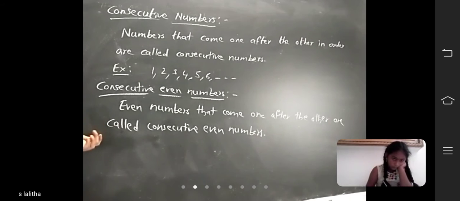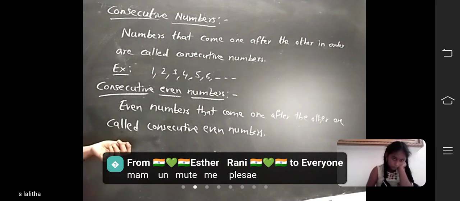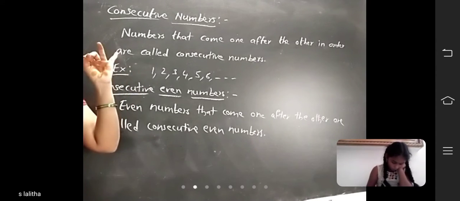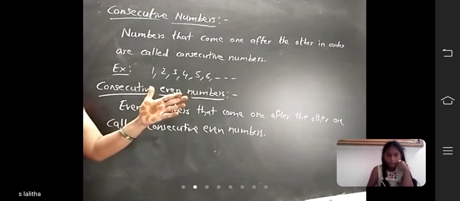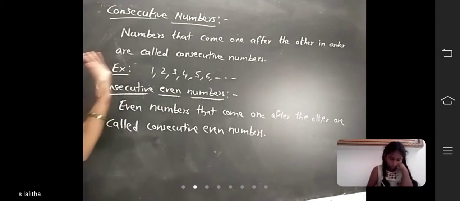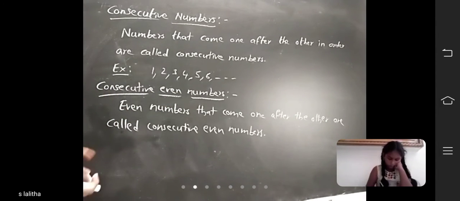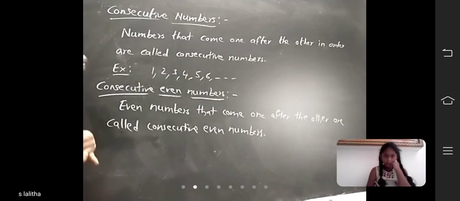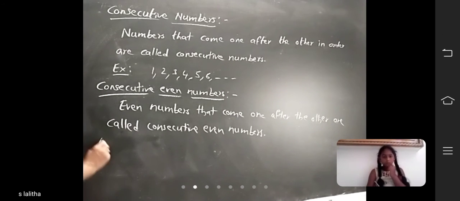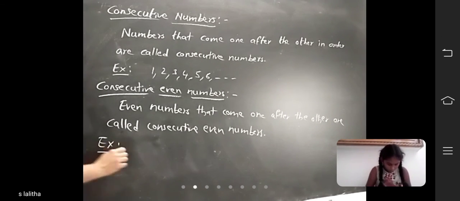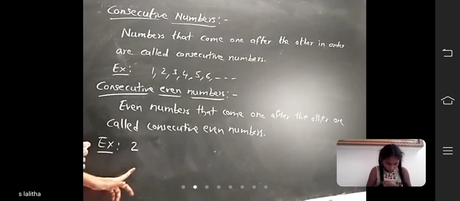You already know even numbers means the numbers which are divisible by 2. That means 0, 2, 4, 6, 8. They are in a ones place. Those numbers are even numbers. Okay. So consecutive even numbers means even numbers that come one after the other. Suppose 2 is an even number.